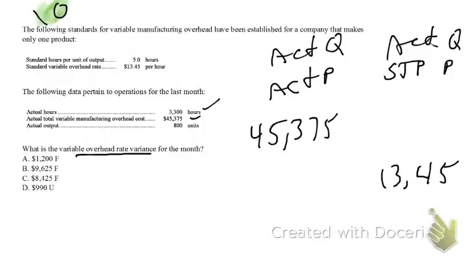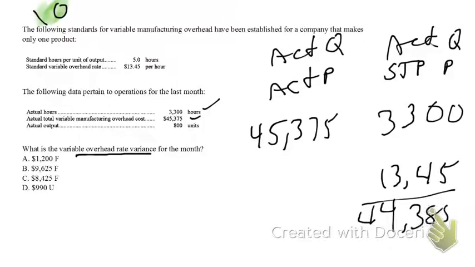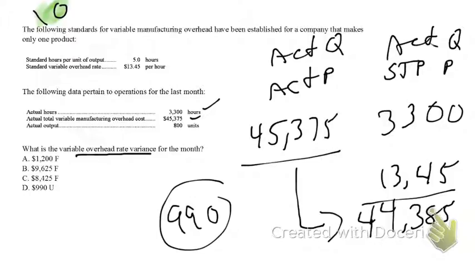So all I have to do is take 3,300 times 13.45, which is 44,385. Actually, I spent 45,300, so I spent more than I should have to produce that amount. So it's an unfavorable variance of $990, the difference. So that is the correct answer.